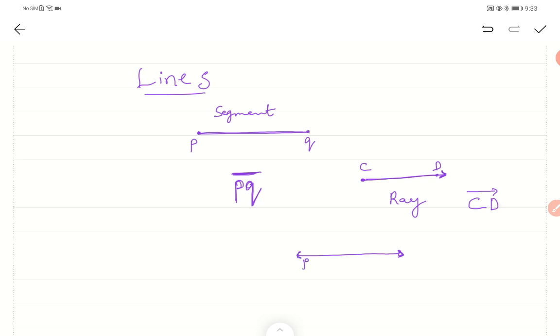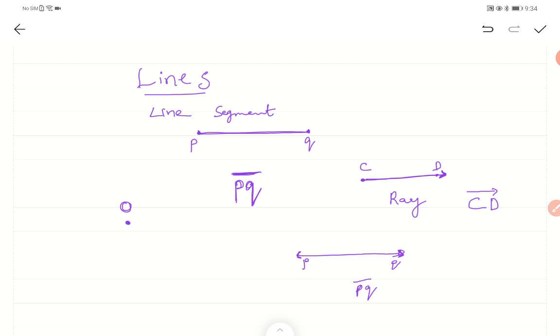If I represent this as PQ or XY or AB or anything, you will say that this is line PQ. So if you are showing the end points, you call it a line segment. One arrow, you call it a ray. And this you call a line. This is your point, and I can give the name of this as point O. So these are your simple lines which you already know about.